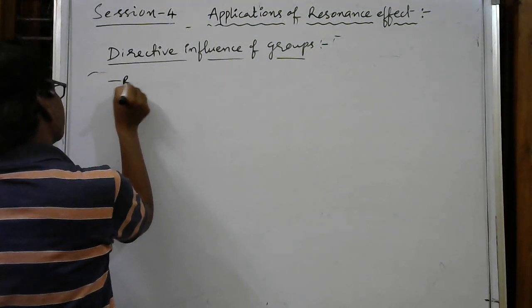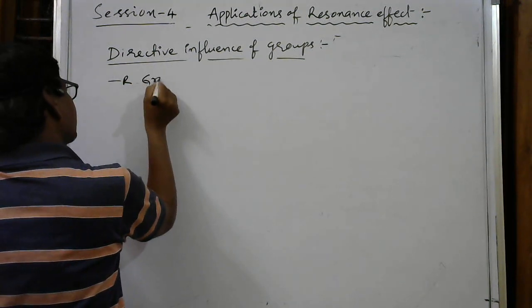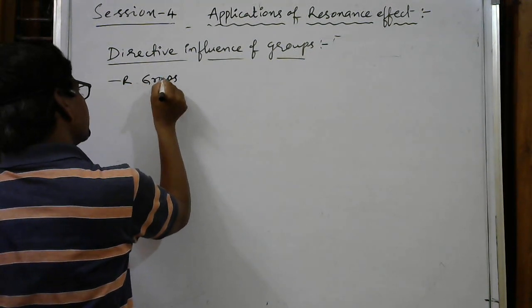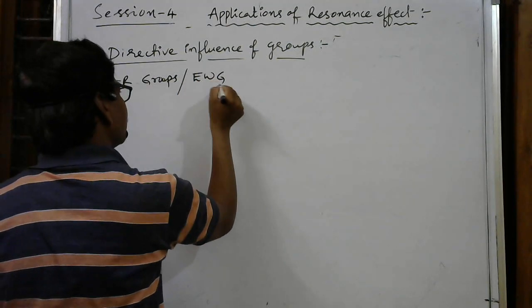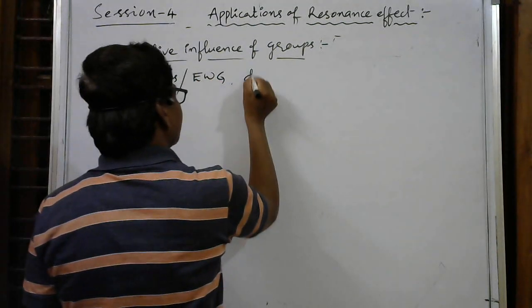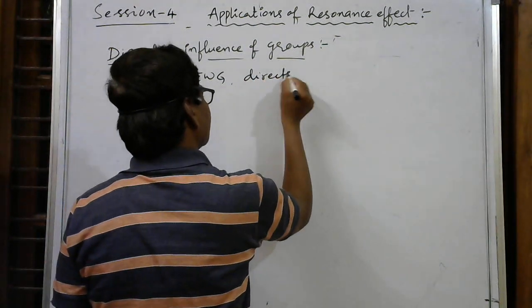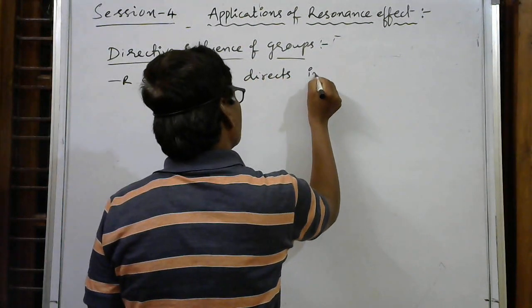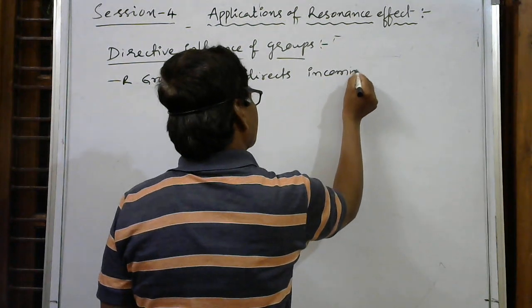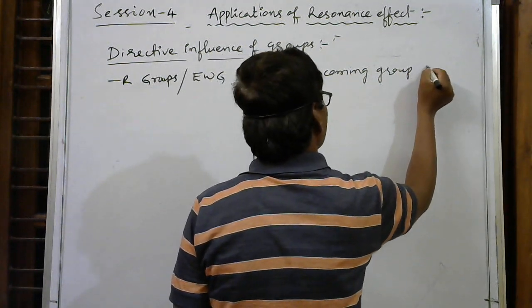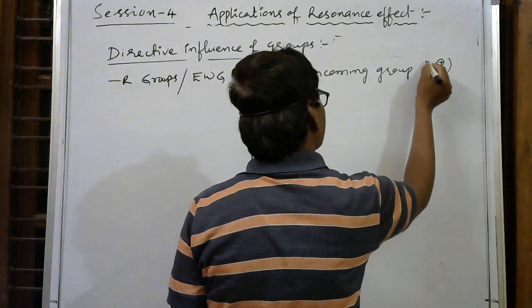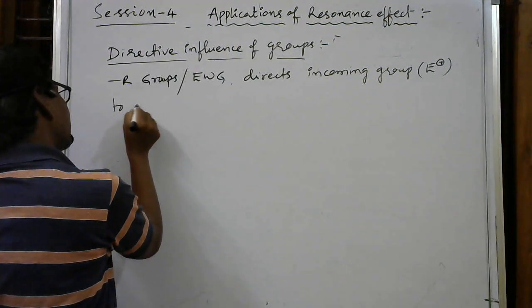Minus R groups, otherwise EWG, electron withdrawing groups, direct the incoming group, which is nothing but the electrophile, to the meta position.